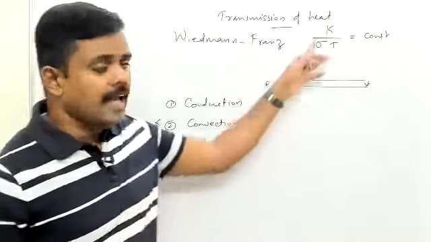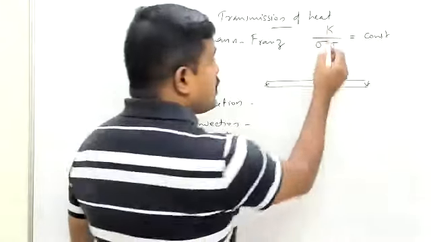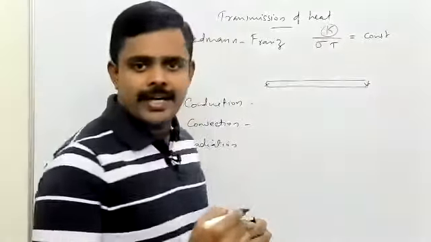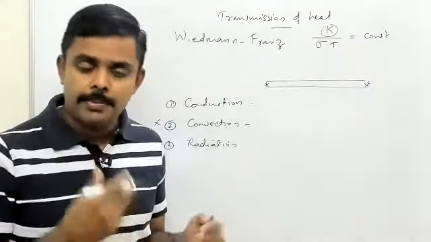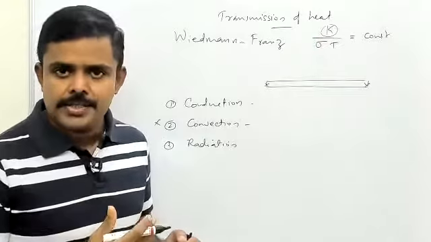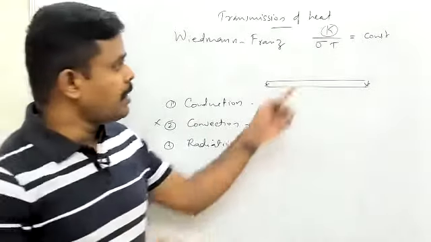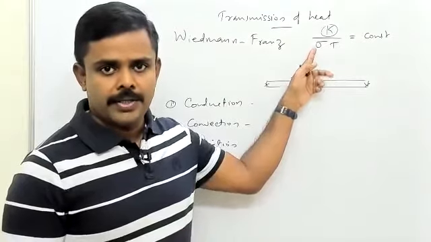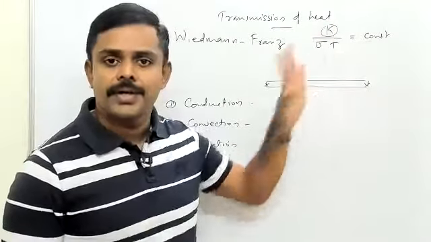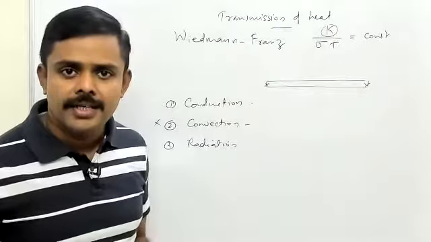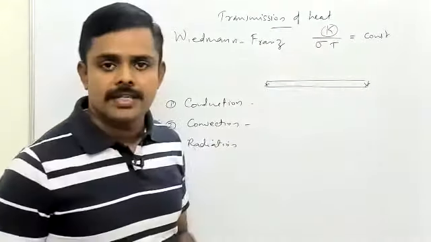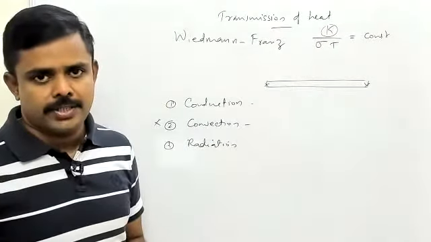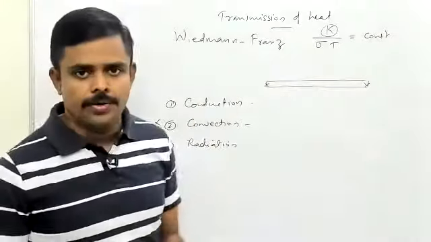K is called thermal conductivity, the ability to conduct heat. The ability to conduct electricity is called electrical conductivity, sigma. So K by sigma T is equal to a constant, where T is the absolute temperature. This is called Wiedemann-Franz Law.